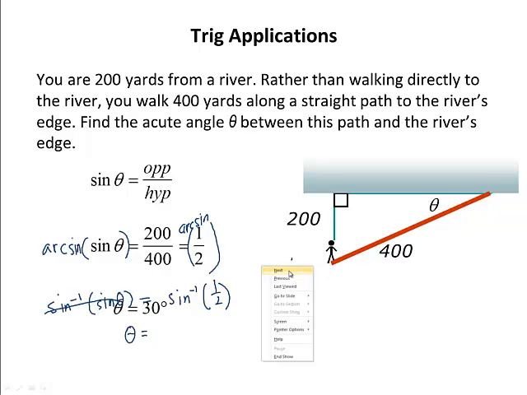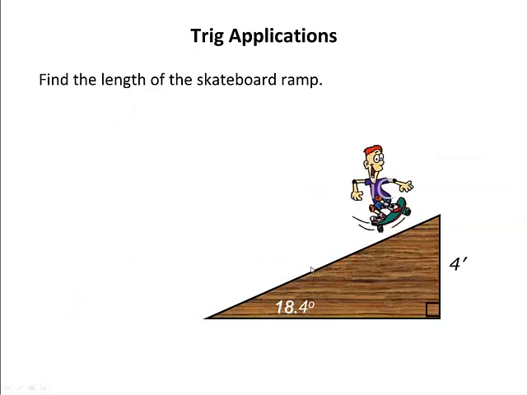Okay, next. Find the length of the skateboard ramp. See if you can work this one all the way through by yourself, and then we'll check your work. All right, if we want the length of the ramp, that would be the hypotenuse. And we have the opposite, so that would be sine.